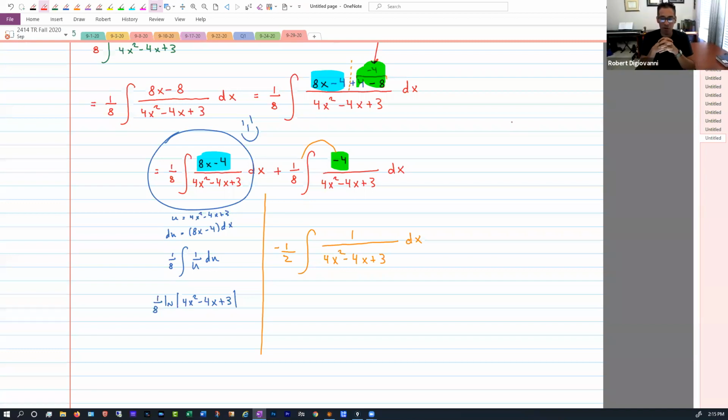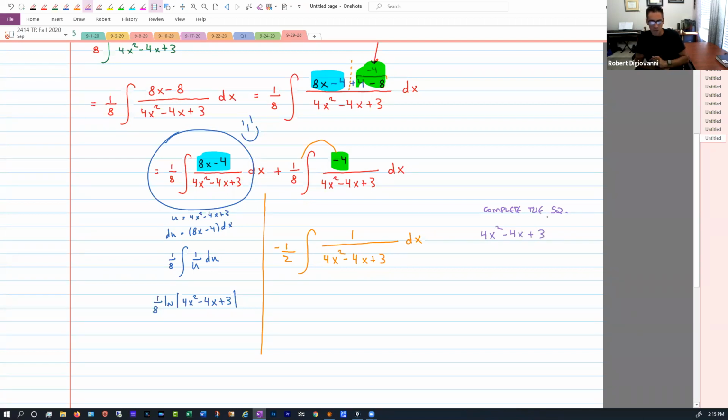Next class, we'll deal with a problem where we might have a linear expression on top and a factorable quadratic, and that technique will be slightly different. But we're dealing just with irreducibles right now. Okay, let's complete the square on the entire quadratic here.